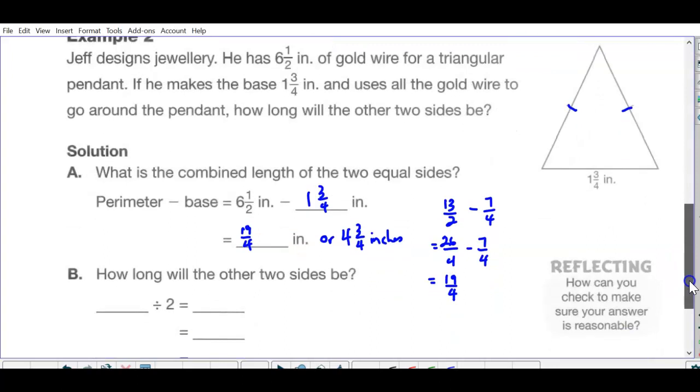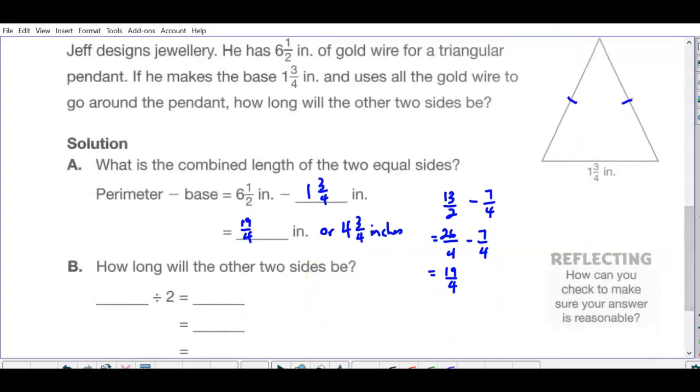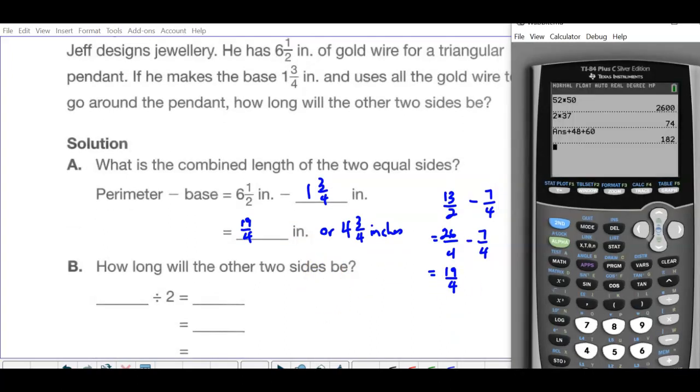Okay, as a decimal, so let's do this as a decimal. 6.5 minus 1.75, 4.75. If you're not sure what, you should know what a half is. Maybe you forget what 3/4 is as a decimal. 3 divided by 4 is 0.75.